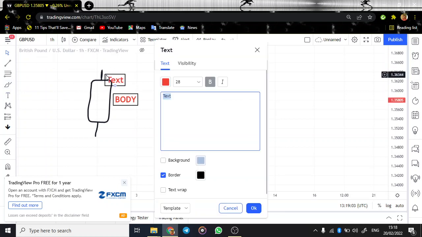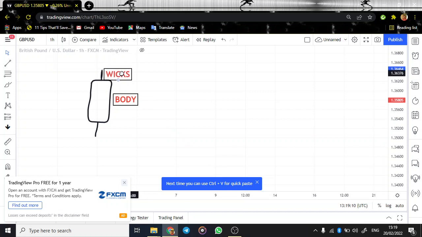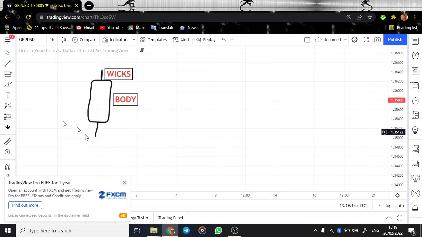We call them wicks. And this one is a wick also. So the candlestick shows us where price opens and where price closes.